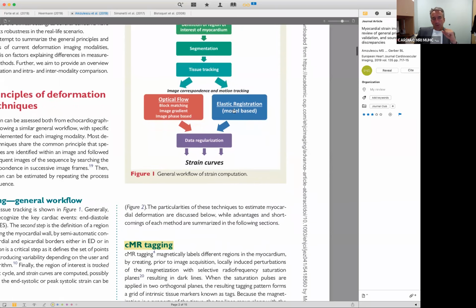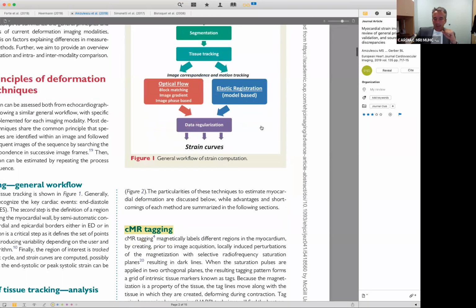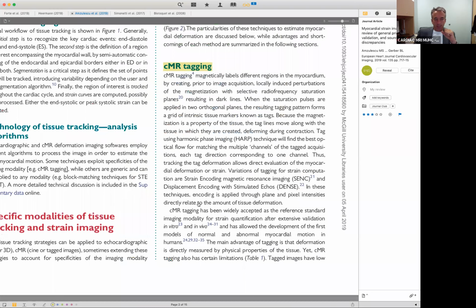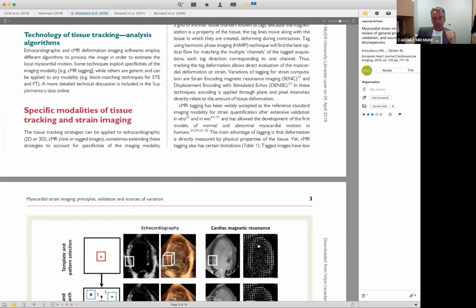The optical one that has been around for quite a while is tagging. Tagging uses, and here's an example for that, a physically imprinted pattern on the myocardium, using small saturation pulses at the beginning of diastole, and then tracking the deformation of the little squares that result from that.